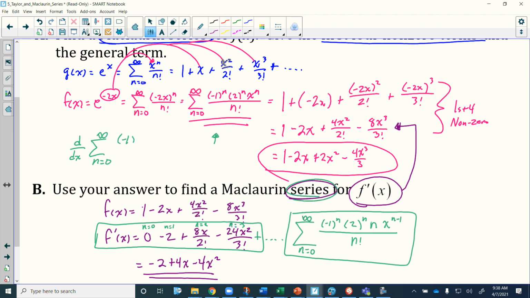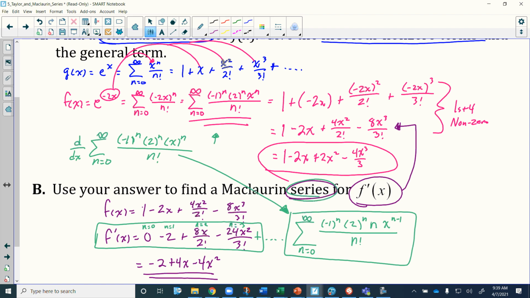Negative 1 to the power of n times 2 to the power of n times x to the power of n over n factorial. If I take the derivative of that, we're going to wind up right back there.